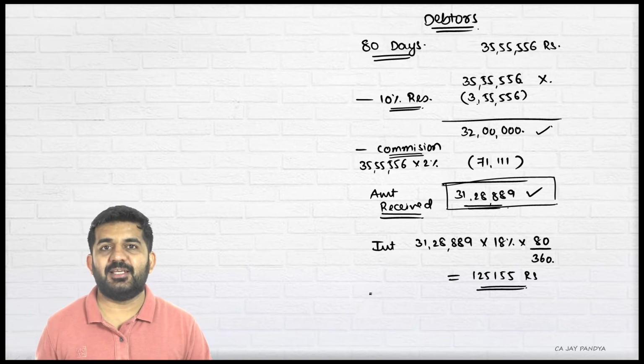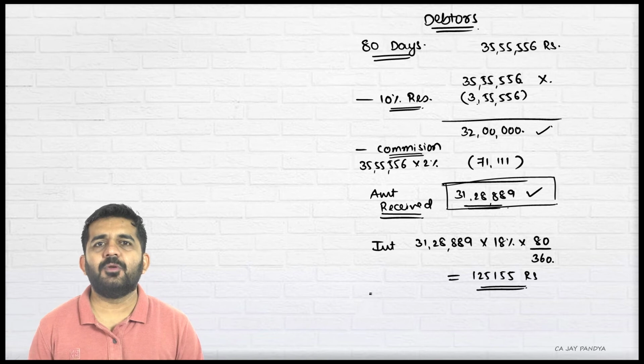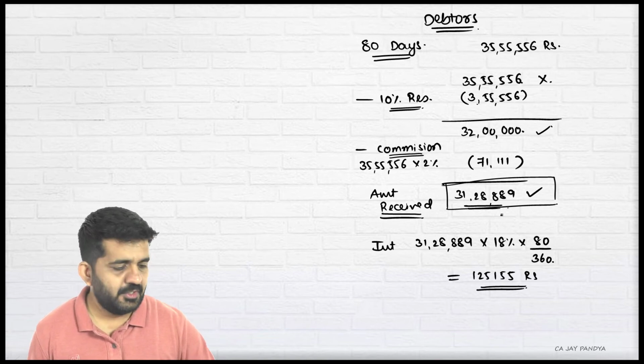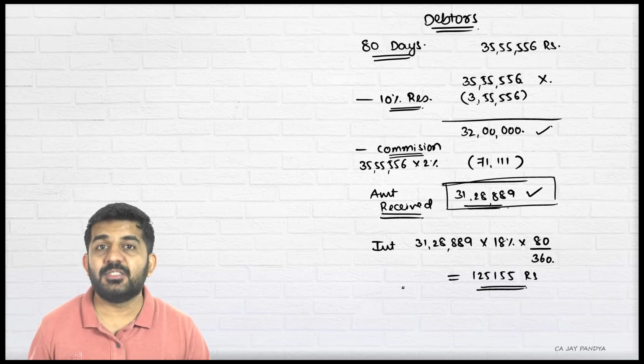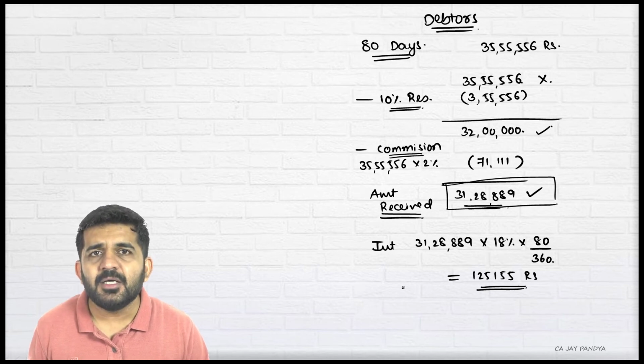Understand, again in the suggested answer this figure is reduced from this figure, but please understand this is a fundamental thing. Interest is payable always at the end of the period, never at the beginning of the period. So if I reduce this amount from the amount received, the interest is deducted today itself. So normally this cannot be the scenario.